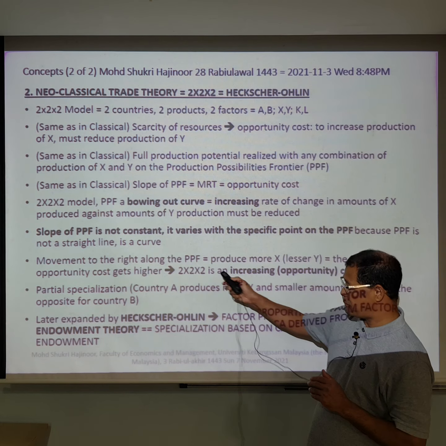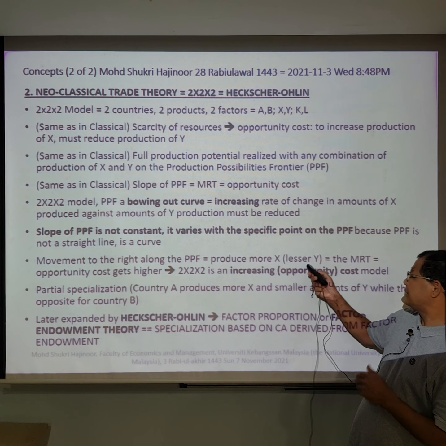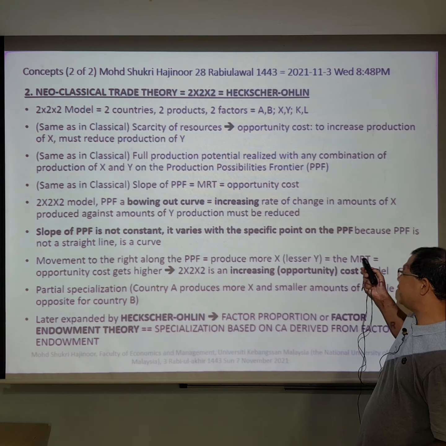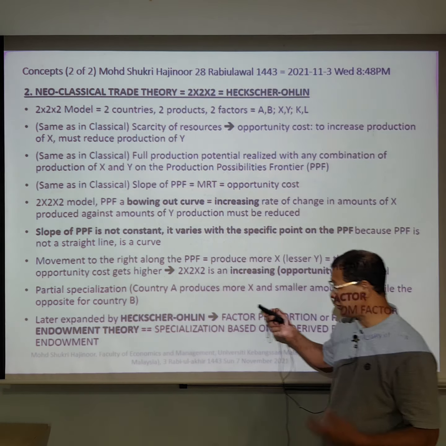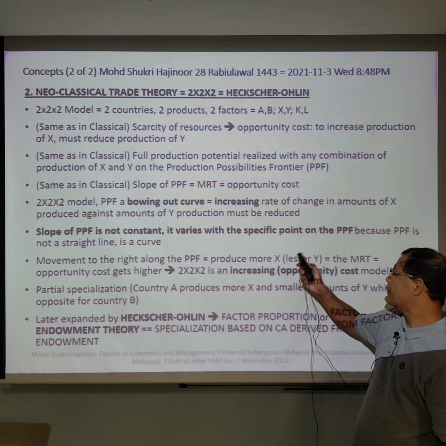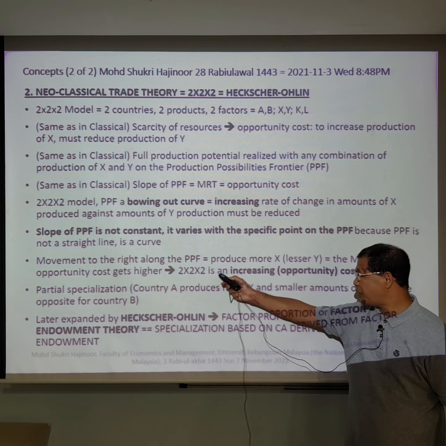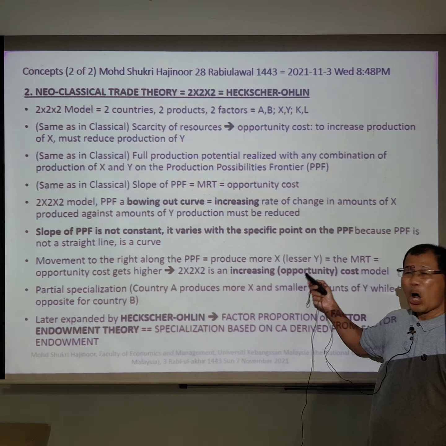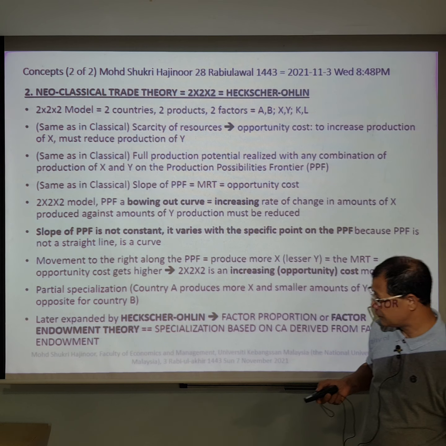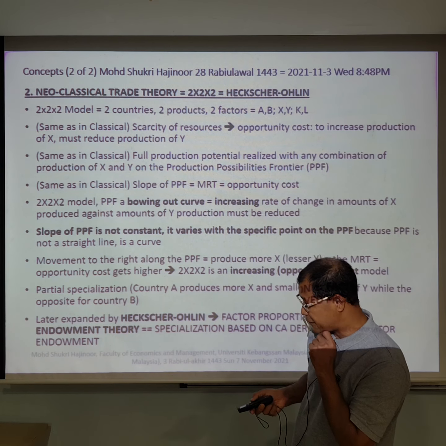Movement to the right along the PPF produces more X, less of Y. The MRT, or opportunity cost, gets higher. So this 2x2 model is an increasing opportunity cost model. Here is the difference.